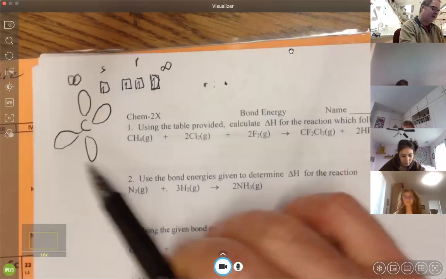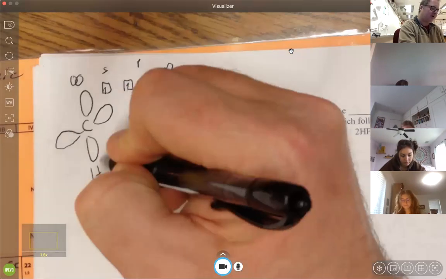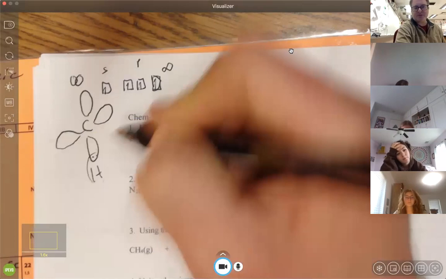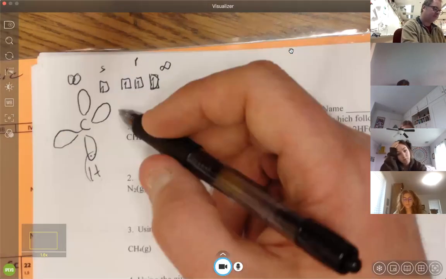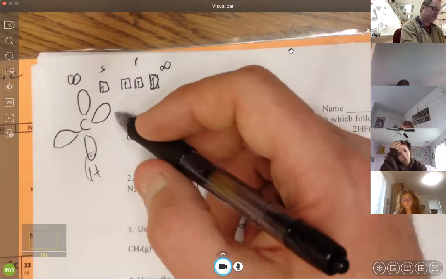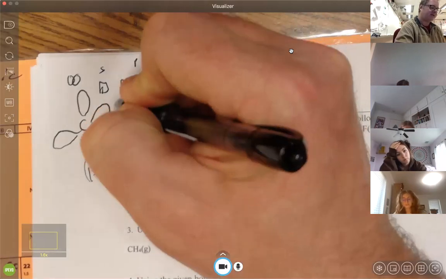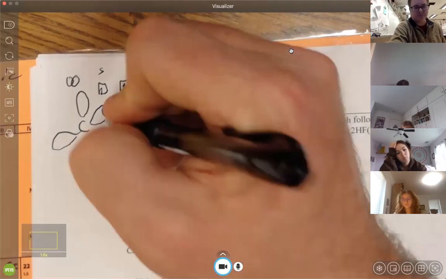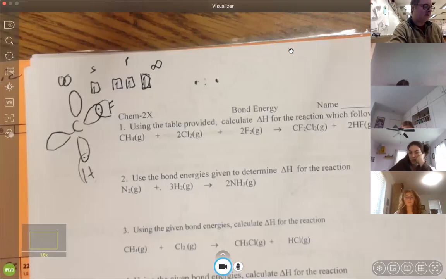And then if these were H's, the sphere of the s orbital of the H would kind of overlap with that sp3 hybridized orbital. Or if this were fluorine, then fluorine's hybridization would then overlap that as well. It's kind of cool.